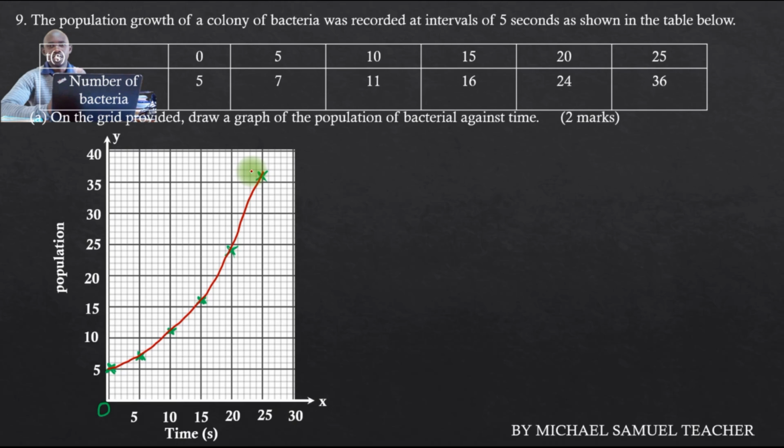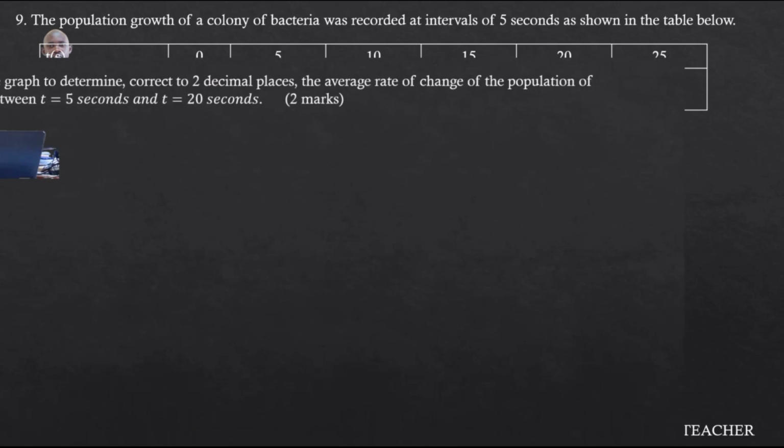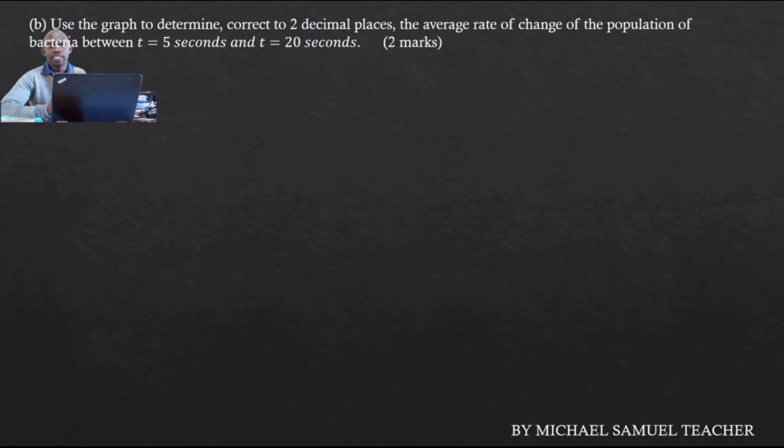So now we need to answer the question. We have already drawn the graph, so let us see what the question is all about. Use the graph to determine, correct to 2 decimal places, the average rate of change of population between t is 5 seconds and t is 20.